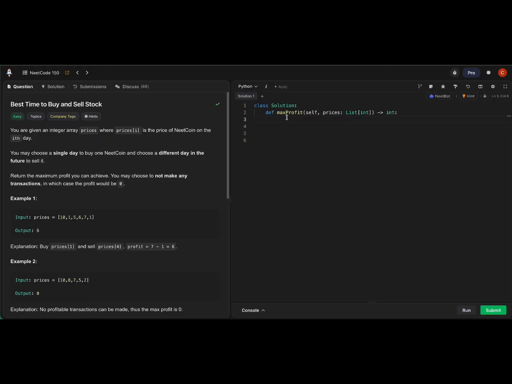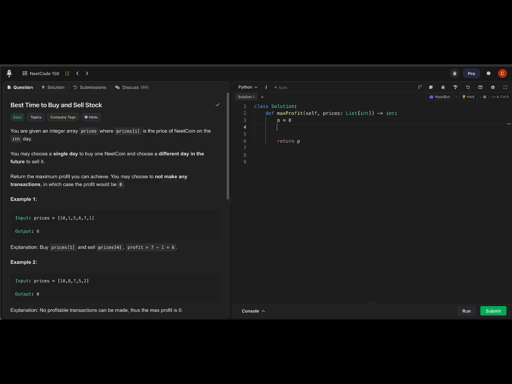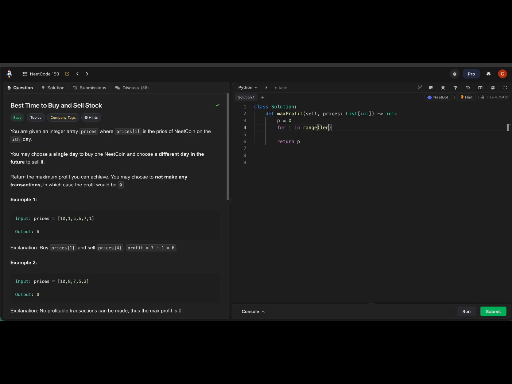Okay, so to code this up, P would equal 0. We're going to return P. So we need to loop through every single element. So for i in range the length of prices, right?